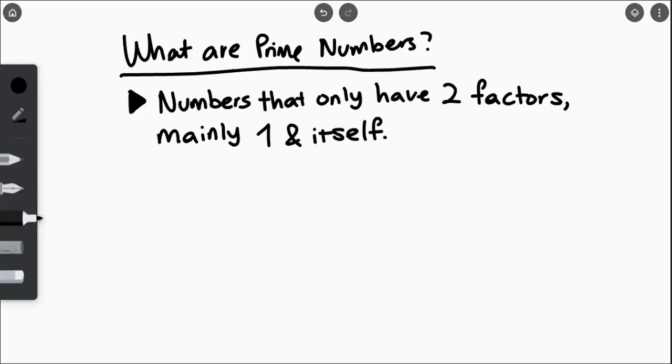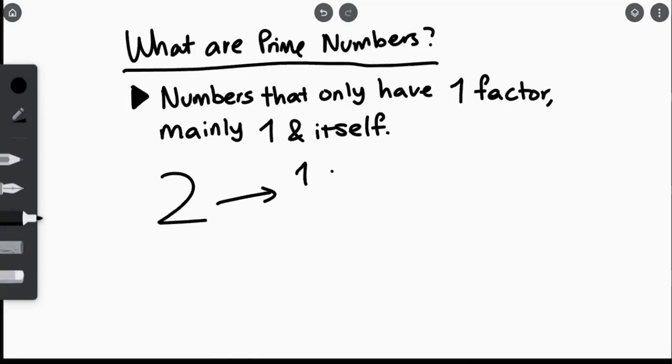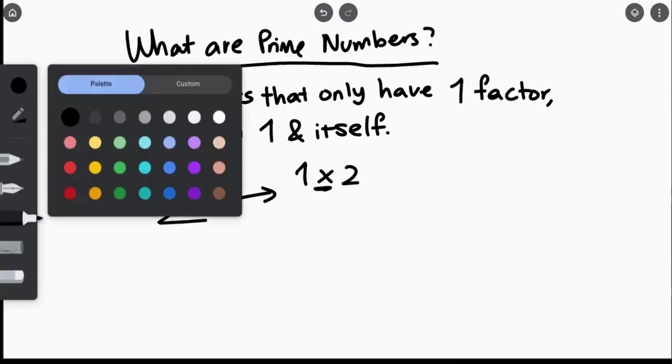Take for example the number 2. What are the factors that you can form with 2? You only have one factor pair, which is 1 times 2.